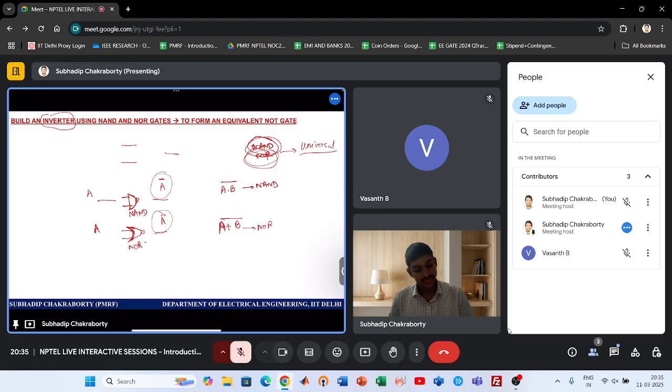So if B equals A, how to get A bar? Yes, how to get A bar?